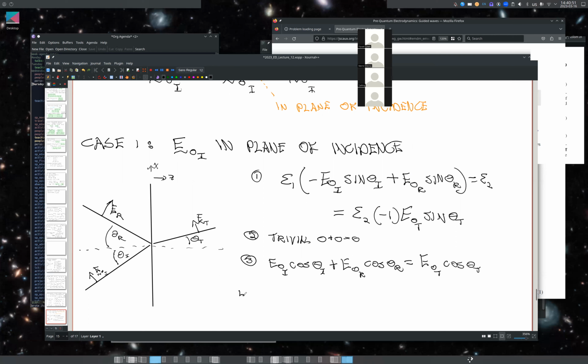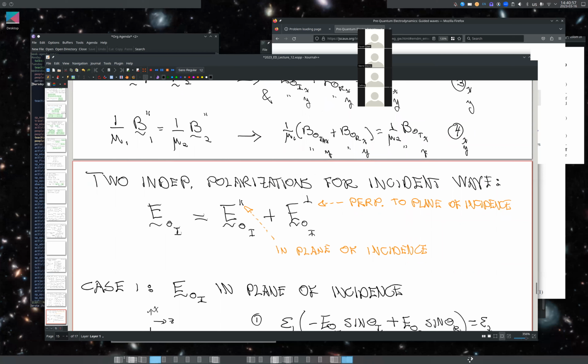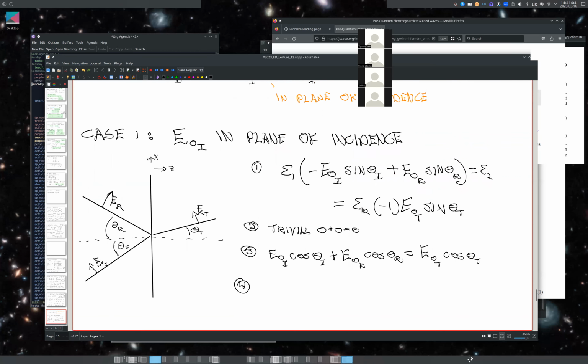Then the fourth relation, if I replace B0I by 1 over V times E, like I had from the original plane wave equation, then the fourth equation becomes 1 over mu1 V1 times E0I minus E0R.